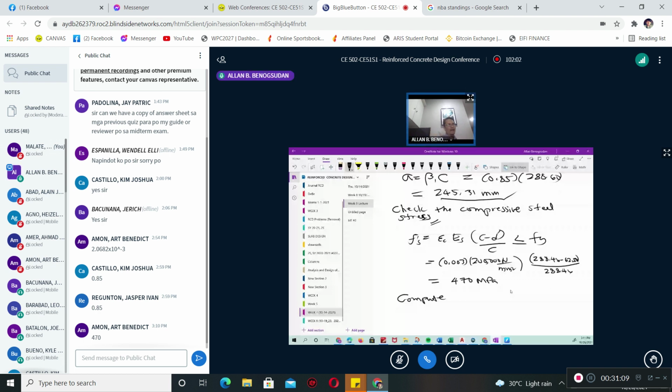So, anong ibig sabihin ng 470? Anybody? Any volunteer? Ang volunteer, ibig sabihin din yun na naiintindihan. Greater than po sa given na FY. Compressive steel yields po. Galing naman ni fear.